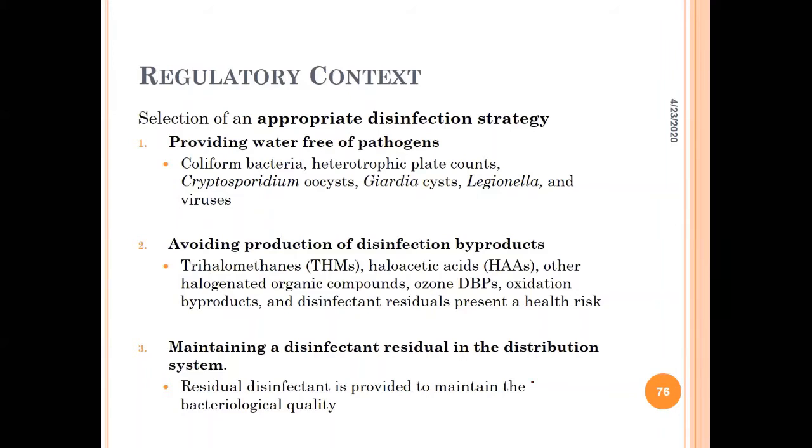Okay, now considering the regulatory context, selection of an appropriate disinfection strategy is like this. Number one, we have to provide water free from pathogens. This is our strategy. Free from coliform bacteria, heterotrophic plate counts, Cryptosporidium oocysts, Giardia oocysts. These are protozoa.